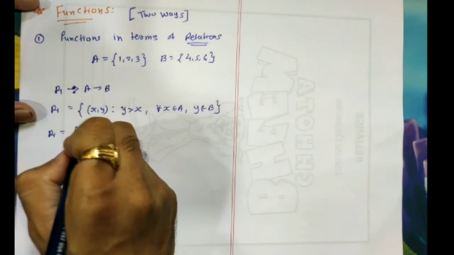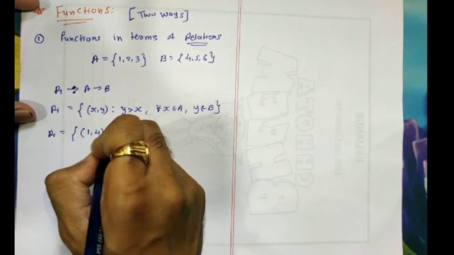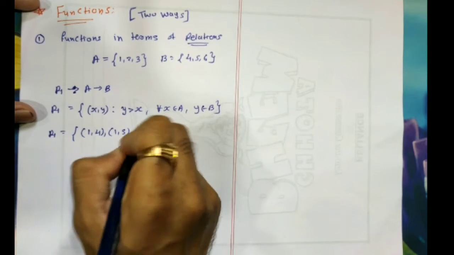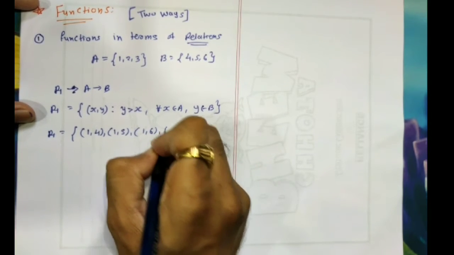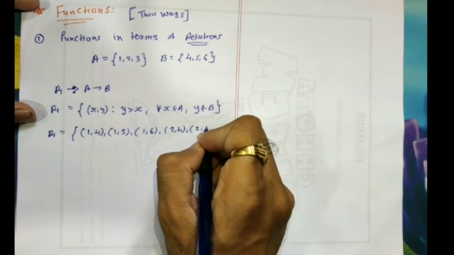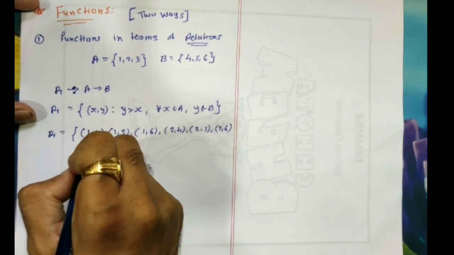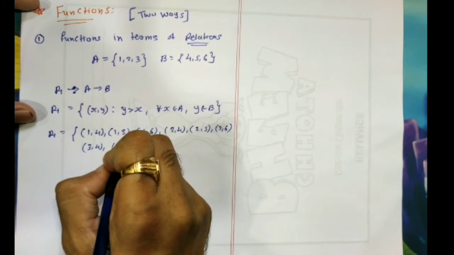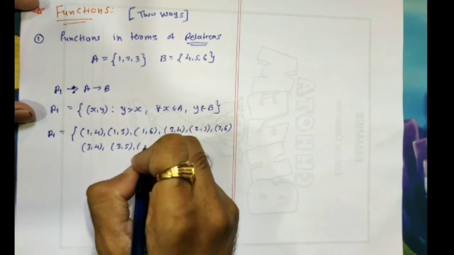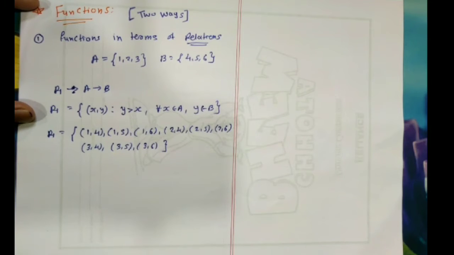All possible ordered pairs of this relation are (1,4), (1,5), (1,6), (2,4), (2,5), (2,6), (3,4), (3,5) and (3,6). These are all the possible ordered pairs of relation R1.